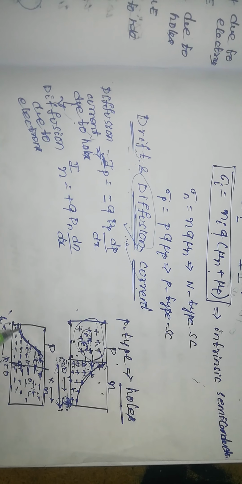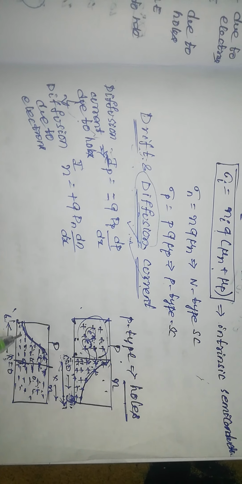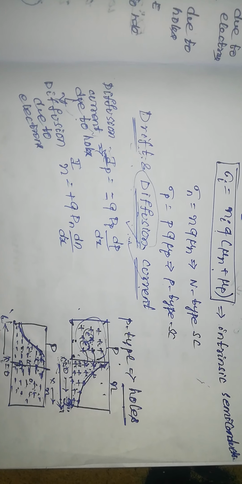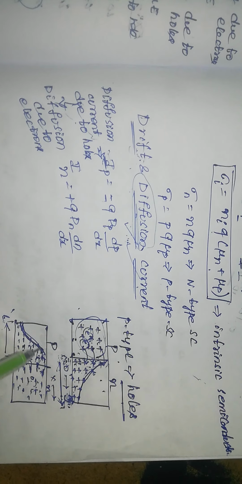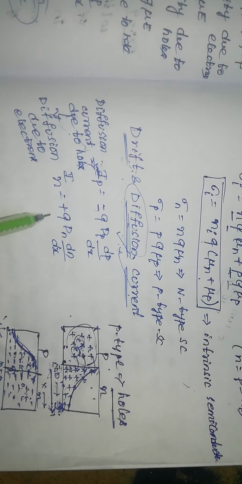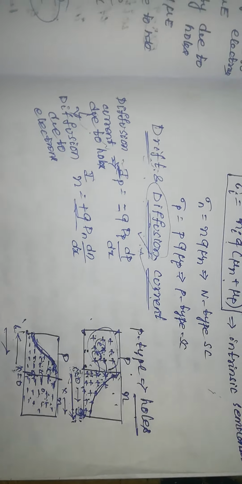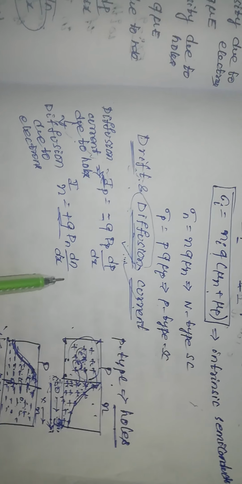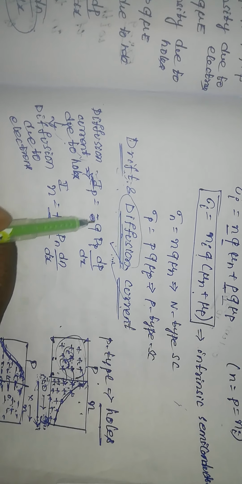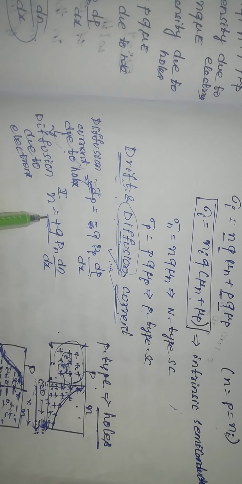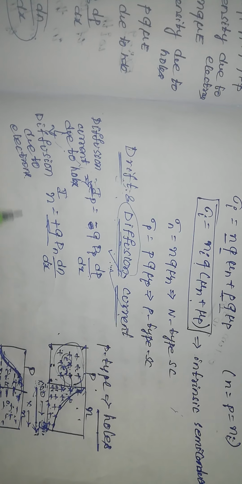As the electron movement decreases exponentially, the diffusion current due to electrons is formed in the opposite direction, so it is increasing in nature. Therefore we have kept a plus sign for the diffusion current due to electrons. This is the difference between the minus sign for the diffusion current due to holes and the plus sign for the diffusion current due to electrons.